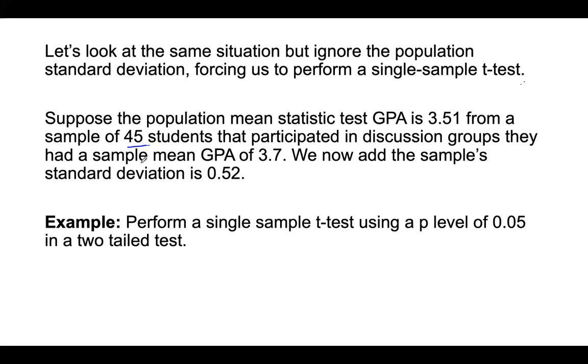They had a sample mean of 3.7. We now add the sample standard deviation, and suppose this is 0.52. Perform a single sample t-test using a p level of 0.05 in this two-tailed test.